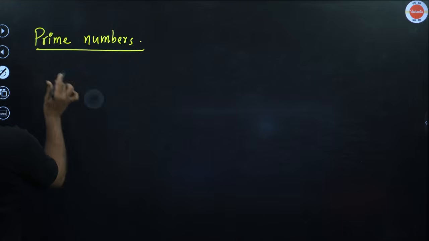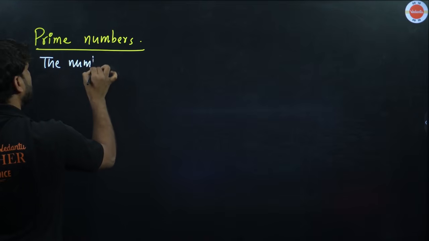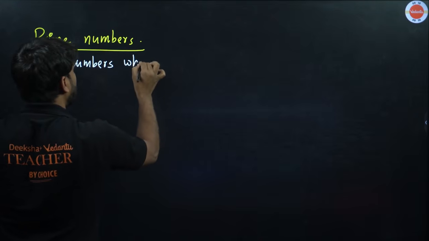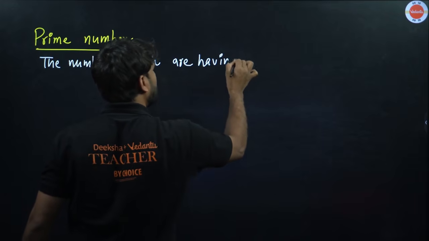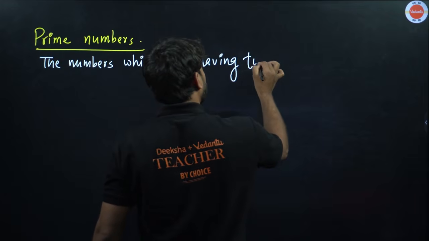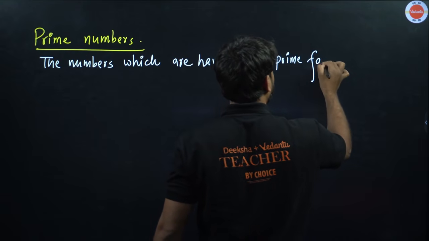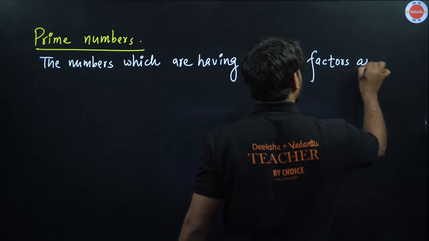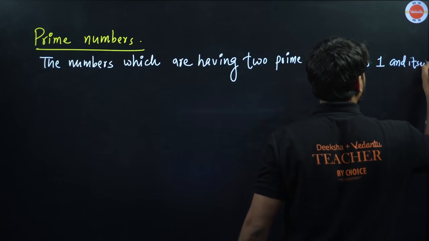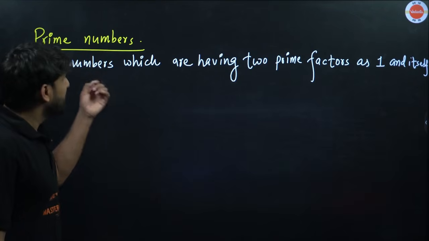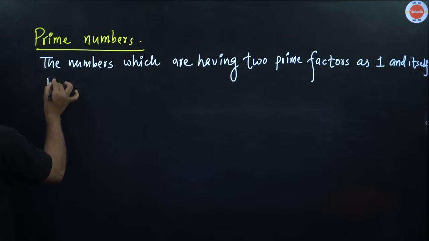So the numbers which are having two prime factors as 1 and itself, such numbers are called prime numbers.